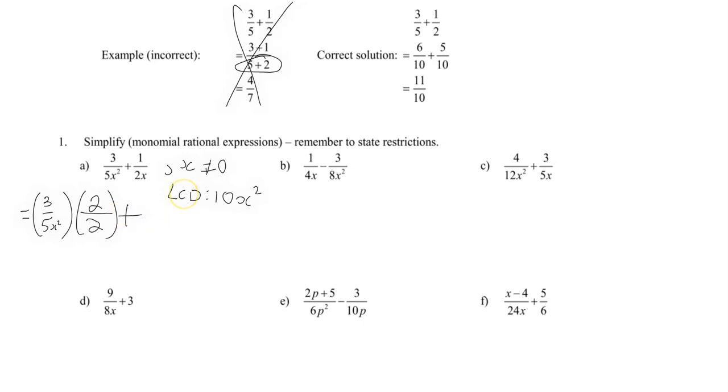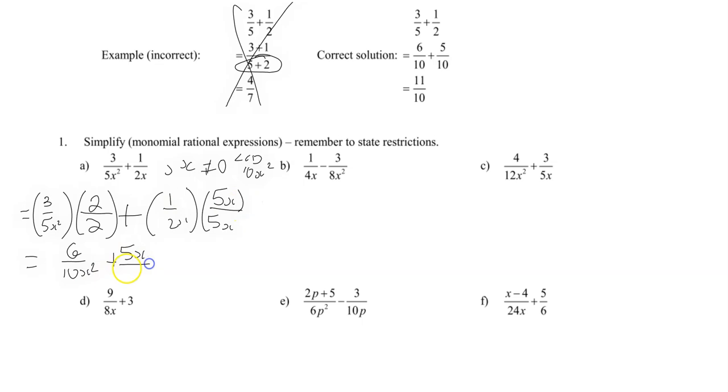Plus, let's say LCD 10x squared. 1 over 2x: to get a 10, I put a 5. To get an x squared, I put an x. Whatever's down here goes up here. Equals 6 over 10x squared plus 5x over 10x squared.